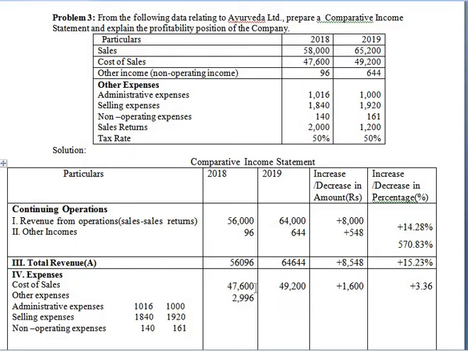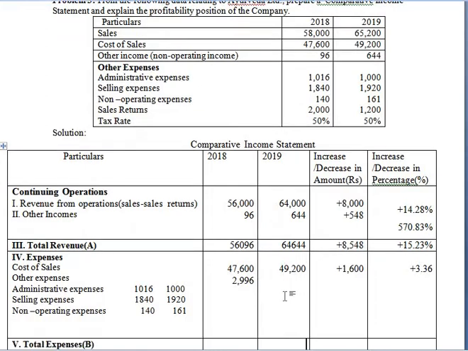2996. Now next one is for 2019, it is how much? 1000 plus 1920 plus 161, which is equal to 3025 rupees.